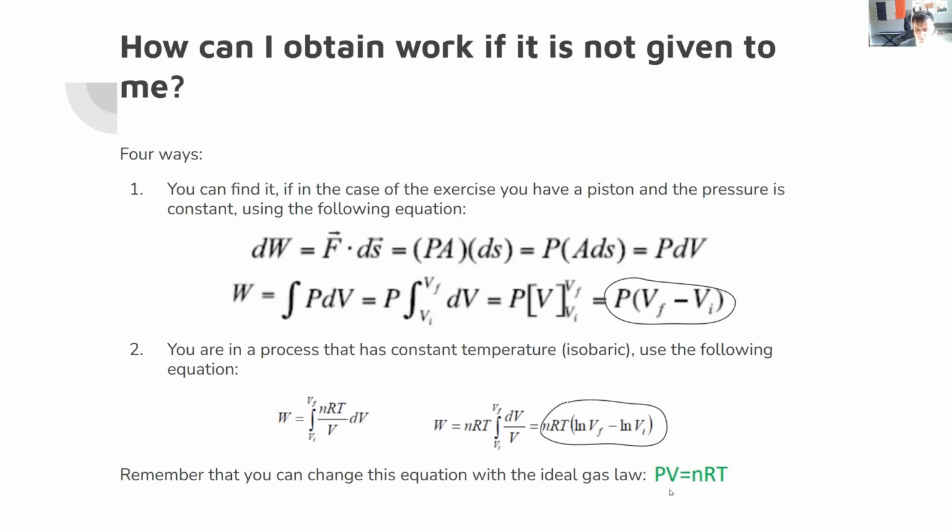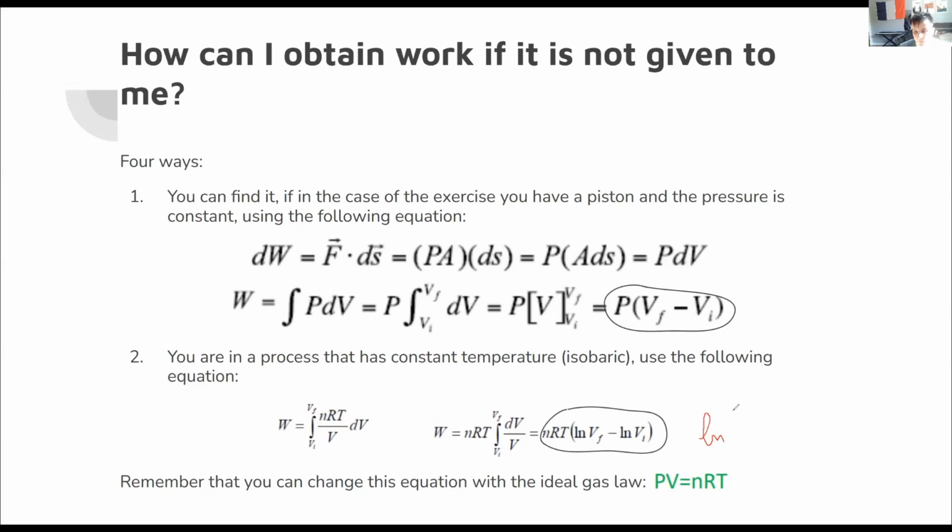I believe the most common one was mass times gas constant times temperature, if I'm not wrong. And that's multiplied by the logarithm of the volume in the final state divided by the volume in the initial state. This parentheses can be rewritten in this way.